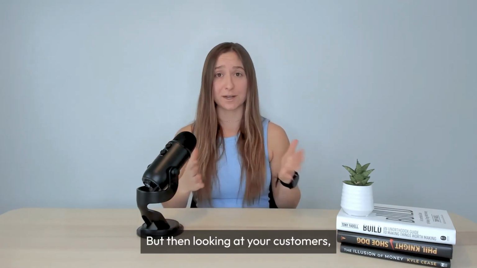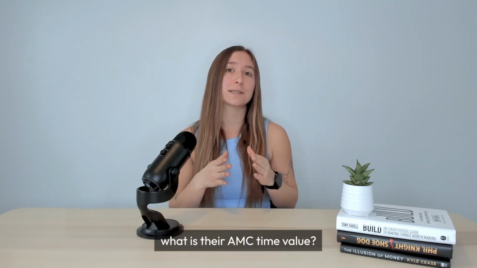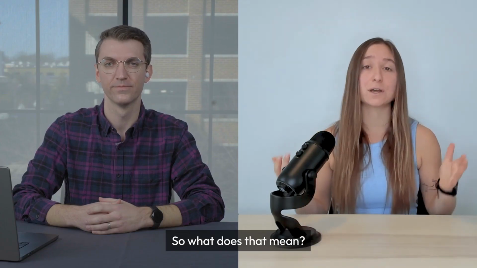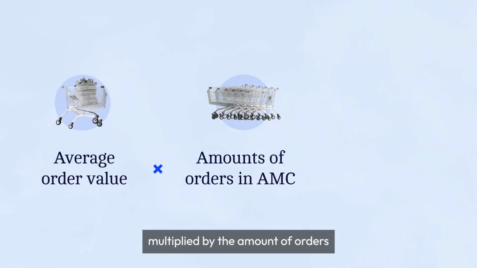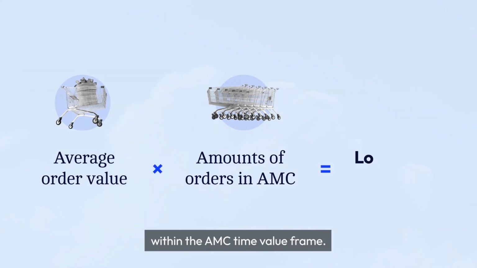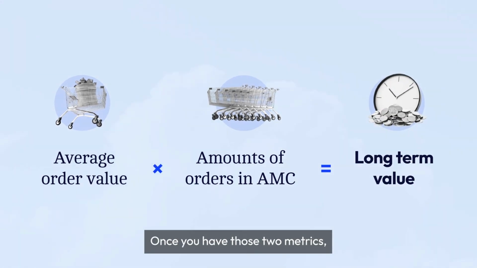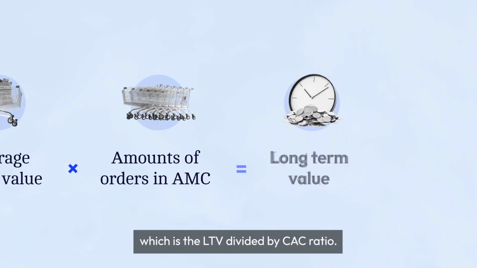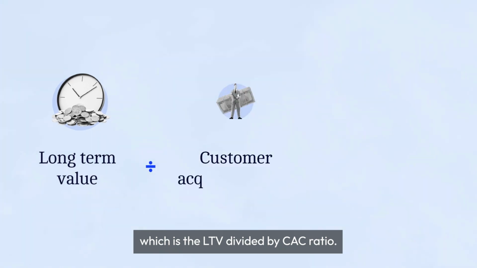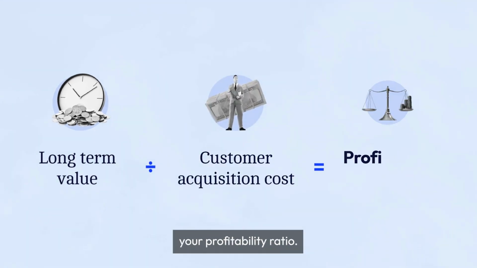But then looking at your customers, you want to see what is their AMC time value. So what does that mean? That means their average order value multiplied by the amount of orders that they do within the AMC time value frame. Once you have those two metrics, you can actually calculate something so rich and meaningful, which is the LTV divided by CAC ratio. This is basically your profitability ratio.